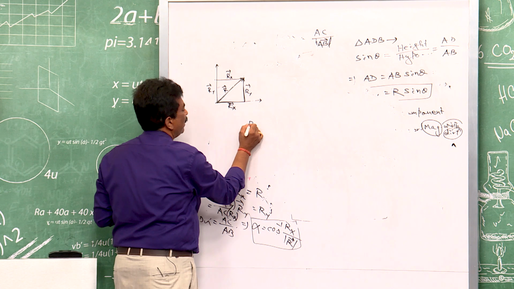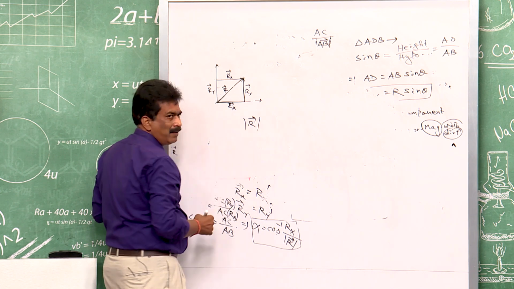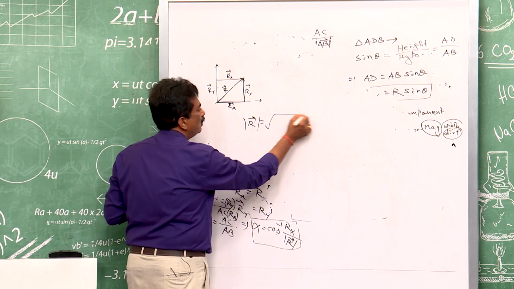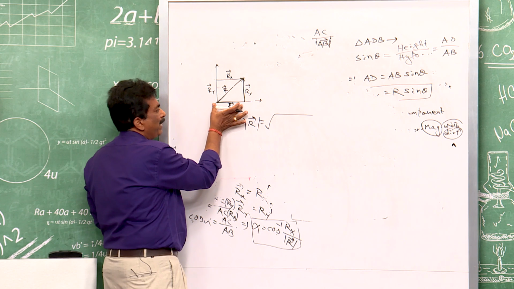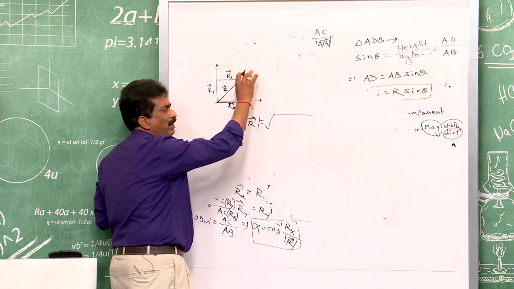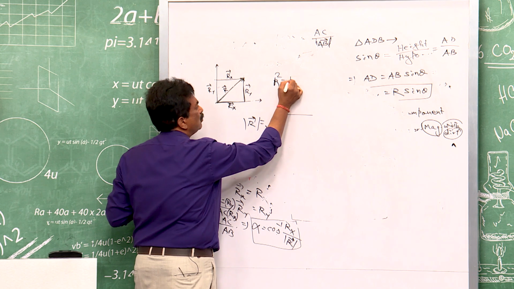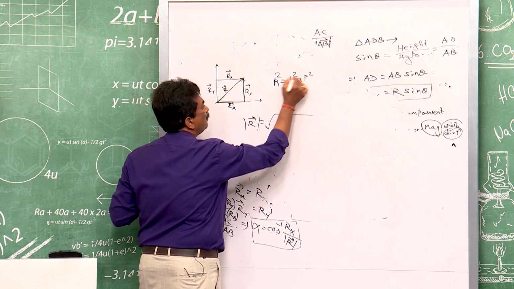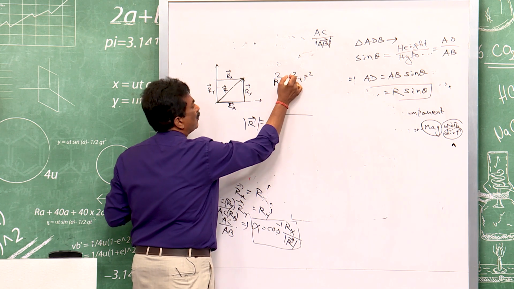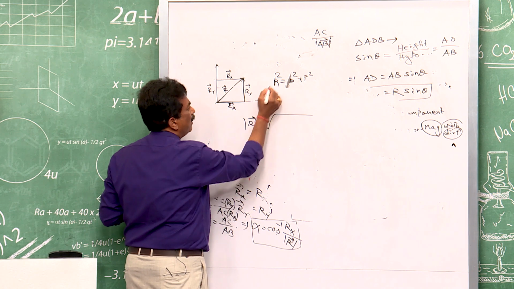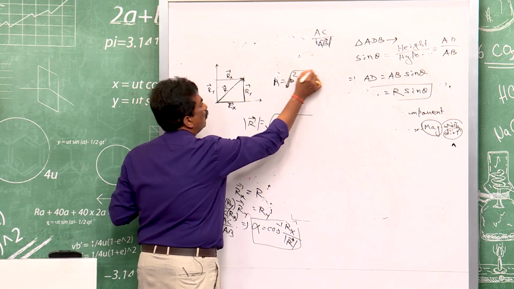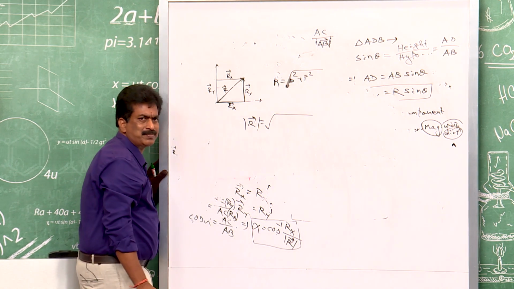So you can say the magnitude of R vector is equal to square root of base square plus height square. You know h square is equal to b square plus p square, so h will be root over of b square plus p square.